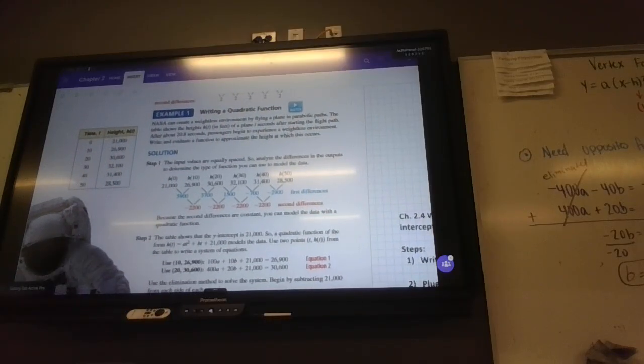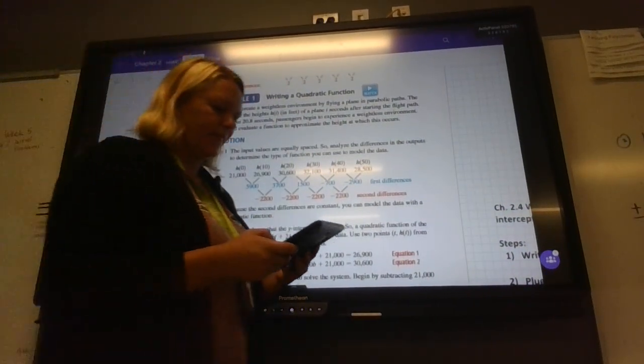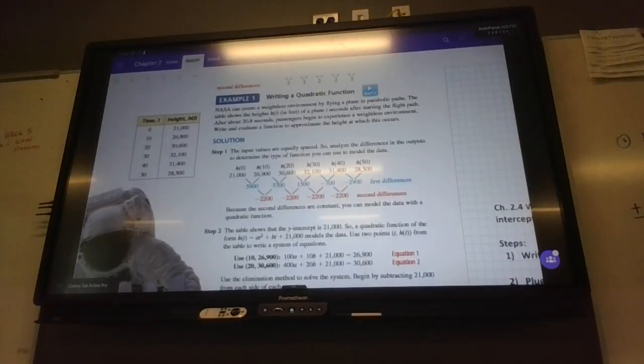What is this? That's a lot of words. We're not graphing today. We're only mathing. This is page 153. Yeah, this is the equation we just did, actually.